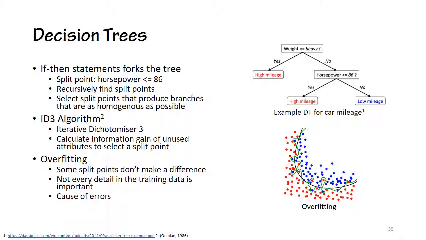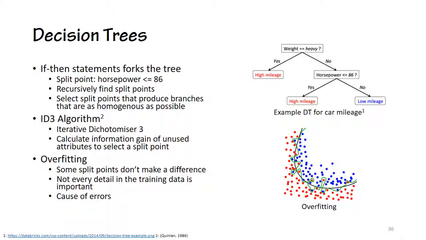So one author here, Quinlan, in 1986, invented a very, very important algorithm for decision trees called ID3, which is iterative dichotomizer 3. That was a way to figure out what the splitting points used and how to calculate how much information was needed to minimize the entropy of the information.